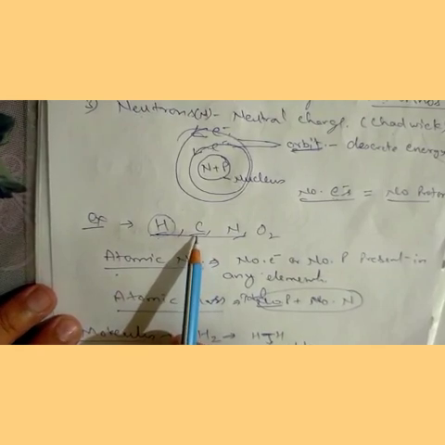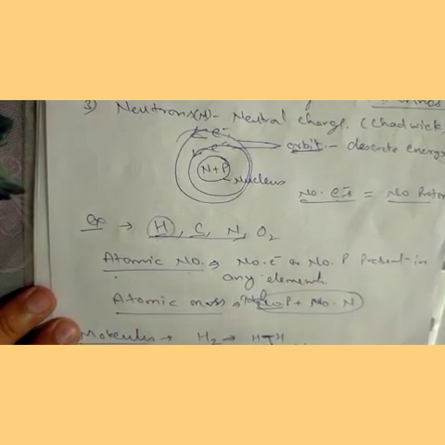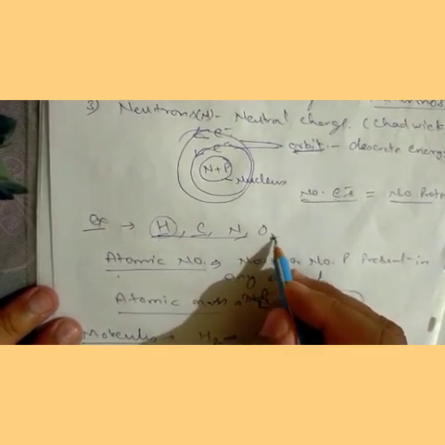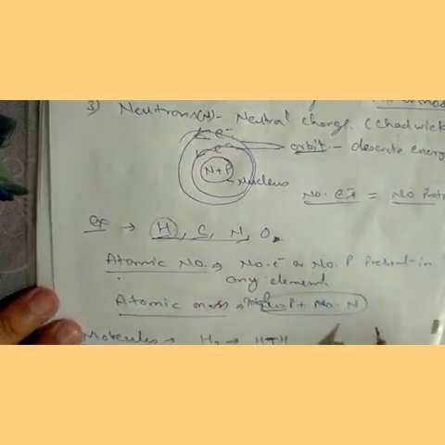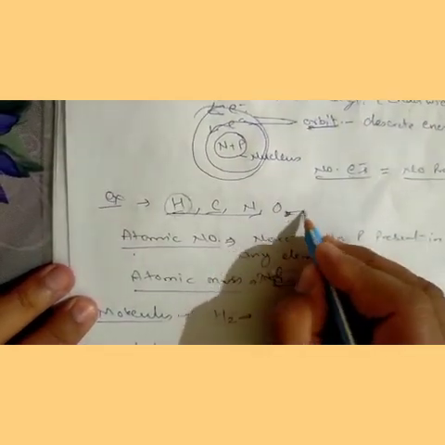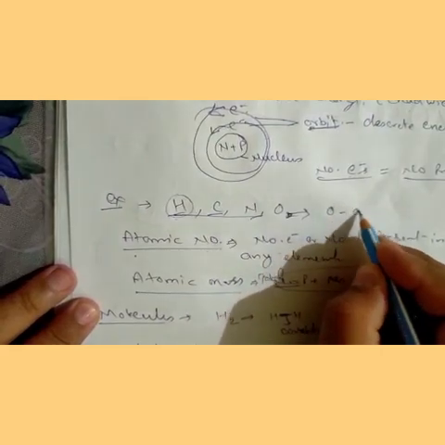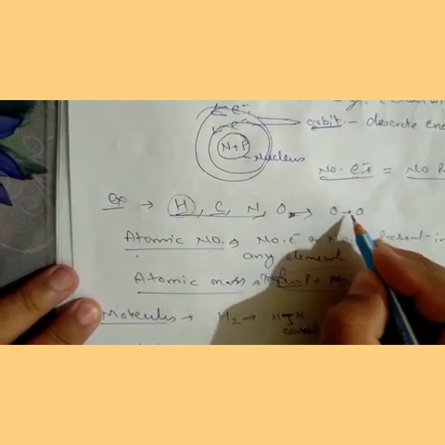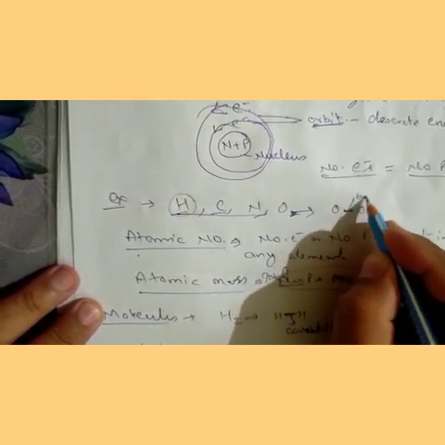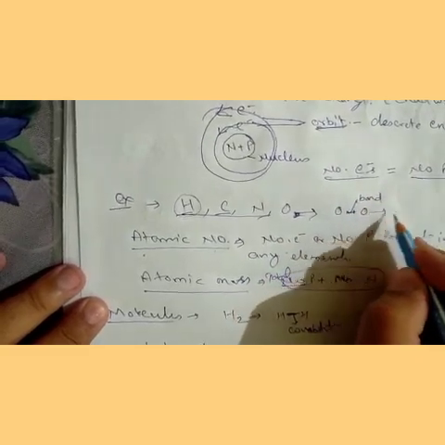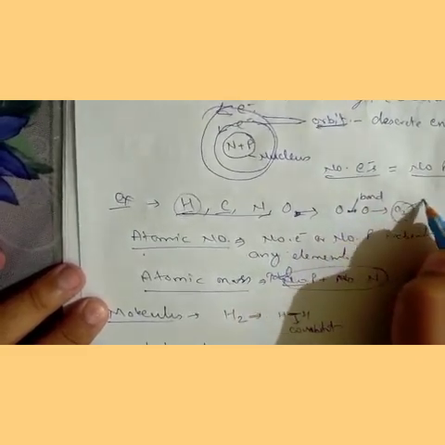They will combine with certain elements. You can see oxygen is an atom, but when oxygen combines with another oxygen with a certain bond, then they will give O2, and this will become a molecule.